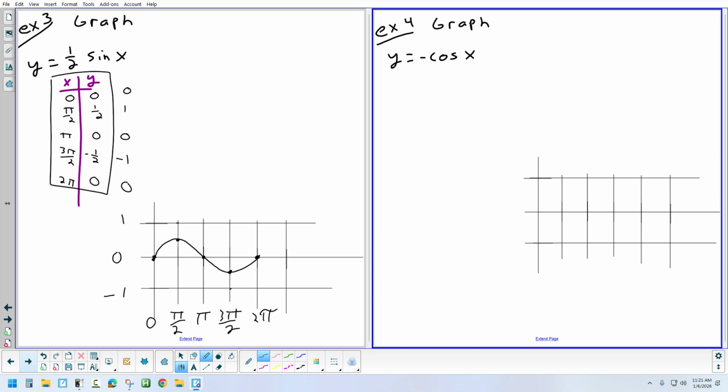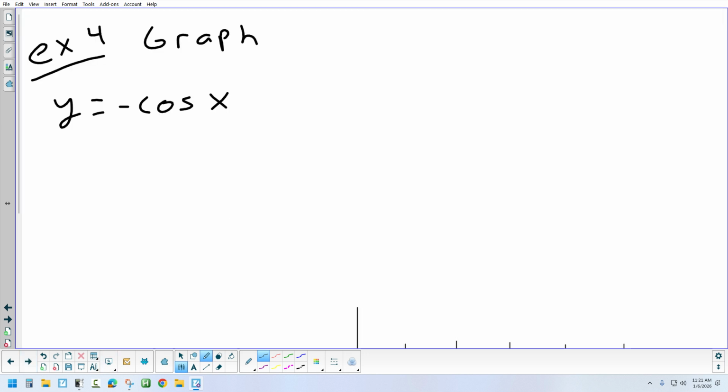But that doesn't mean something isn't happening. Something is happening. What's happening? Yeah, it's flipping over which axis? Yeah, it's flipping over the x-axis. So there's no change to the x values. Those are staying the same. 0, pi over 2, pi, 3 pi over 2, and 2 pi.